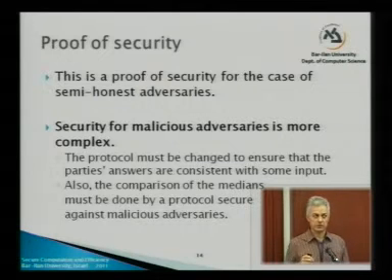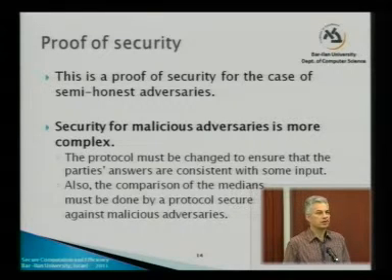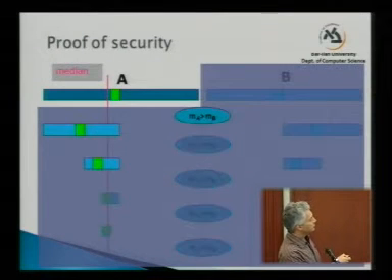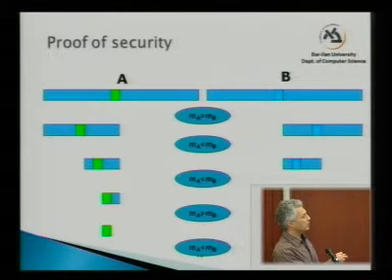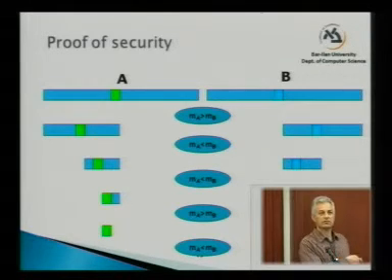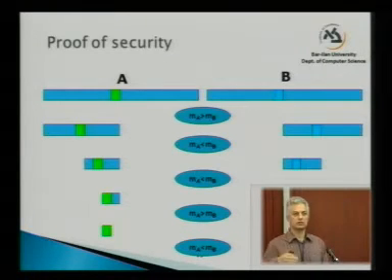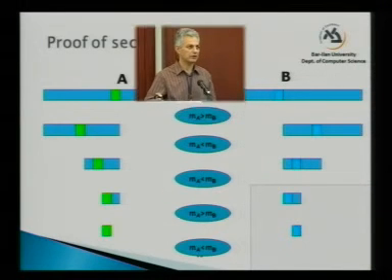For the malicious setting, which we'll cover in a minute, it's a bit more complex, because you must make sure that the parties give you good, legitimate answers. Suppose that here Alice reports a median of 100, say, and she is told to throw away all items which are larger than 100.